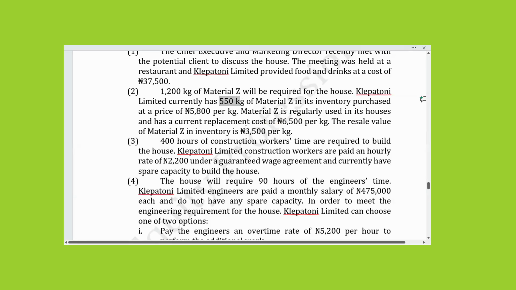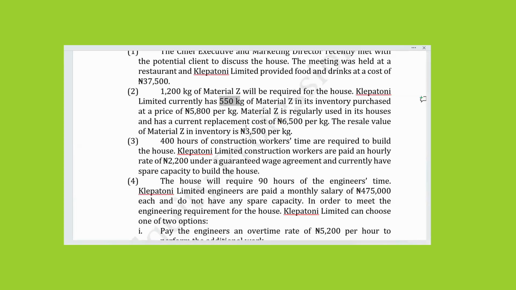Remember when I was explaining disposal value, I said disposal value, also known as scrap value, is the amount at which the item held in the inventory can be disposed of. And I also mentioned that disposal value represents a saving to an organization.